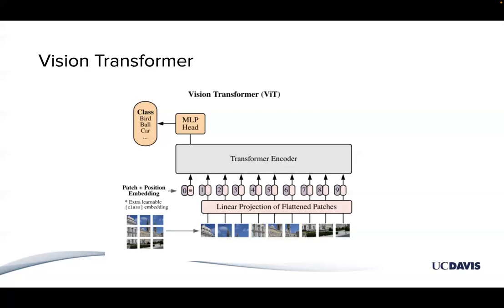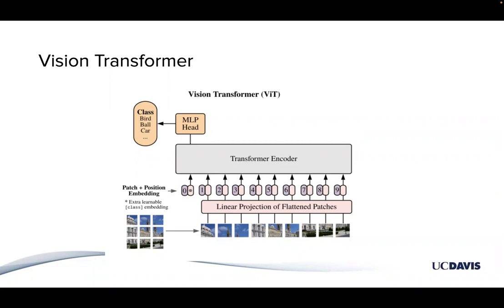And the other important thing is each pixel by itself doesn't carry enough meaning. Even to us, it's a group of pixels that makes sense, and each individual pixel doesn't make any sense by itself.